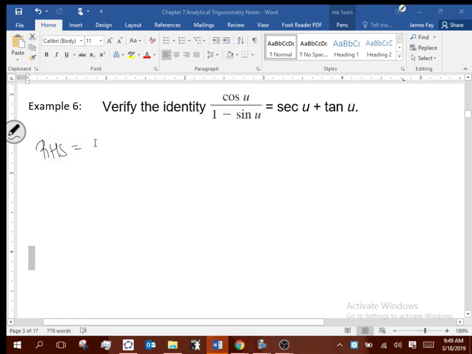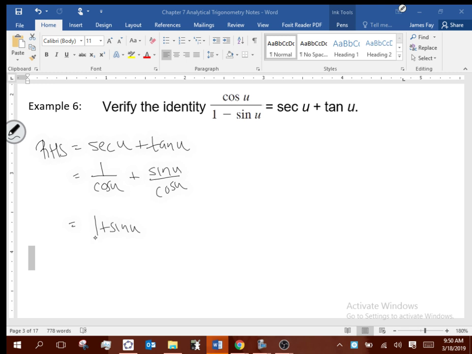If I go right-hand side, secant u plus tangent u, and then they say, well, secant is 1 over cosine u, tangent is sine over cosine, right? Okay, and now I get 1 plus sine u over cosine u.